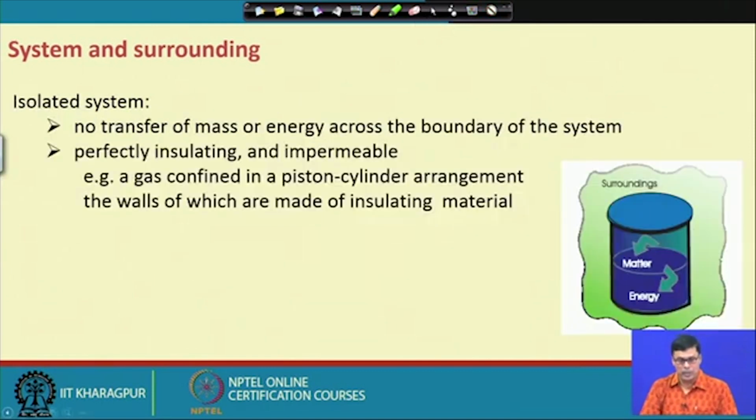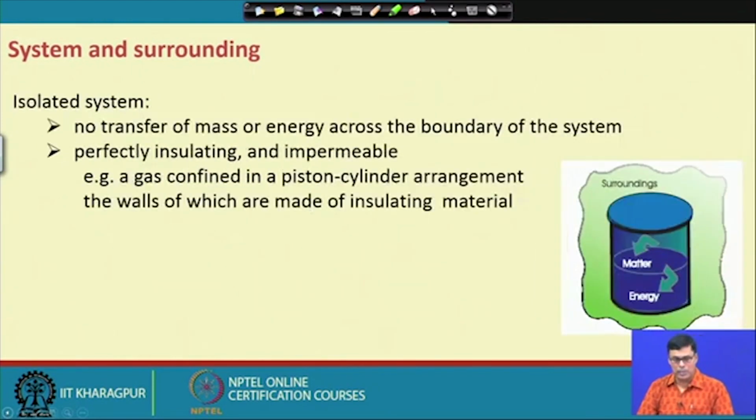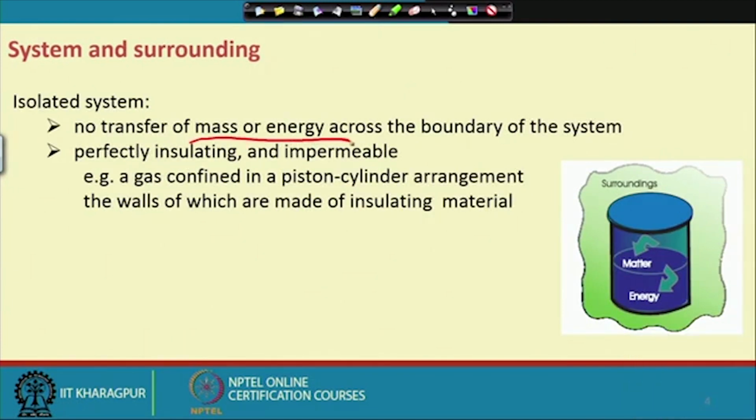Again, looking at system and surroundings, we have three different systems: the isolated system, the open system, and the closed system. Let us see what we mean by an isolated system. An isolated system means no transfer of mass or energy across the boundary of the system.